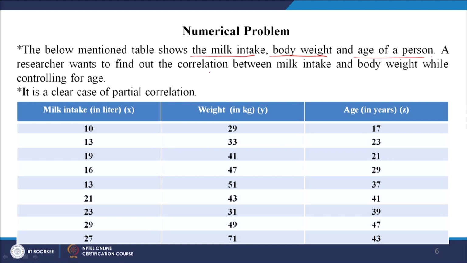We are trying to find the correlation between milk intake and body weight while controlling for age. Suppose body weight is increasing; if we take the body weight of several people and their milk intakes, we can correlate them and draw some inference.